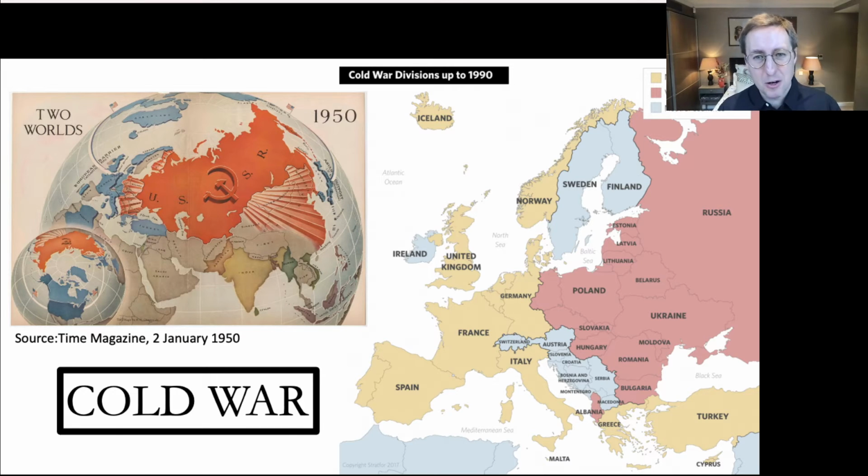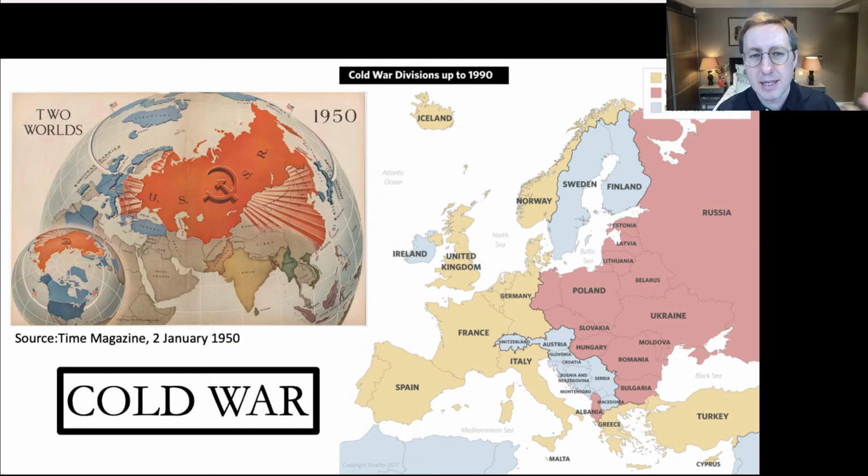And what's interesting here is also the two different poles in this Cold War division viewed the world from different perspectives. And what you see in the second image from Time magazine in the 1950s is actually how the two worlds look from a USSR perspective, and then see how the map of Europe in this kind of iteration of the globe gets really kind of lost.